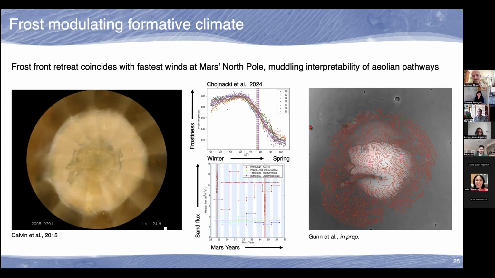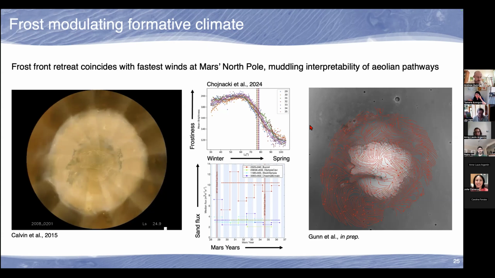Maybe, yeah. I have a question. Thanks, Andrew. Really interesting. I'm trying to understand how we can solve this unconstrained problem when you cannot rely on the morphology of the dunes to explain either the present or the past, and it might be a combination of the transition times.